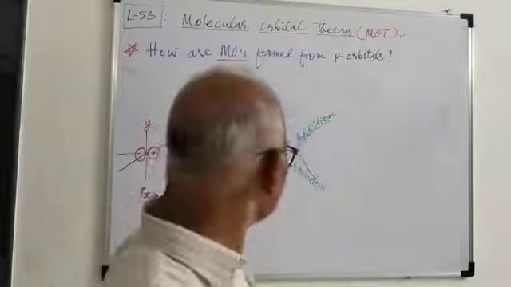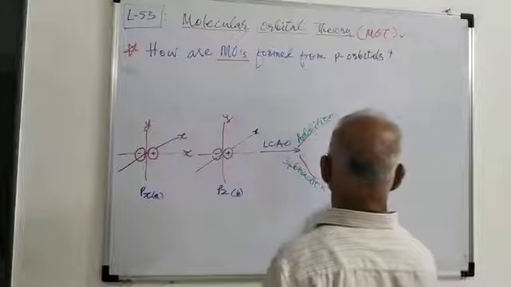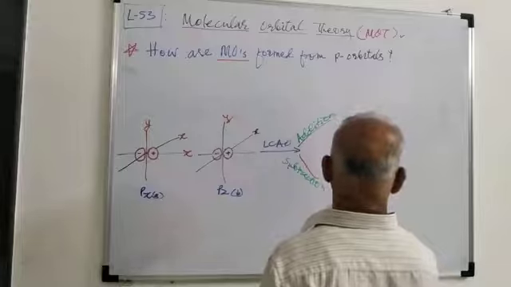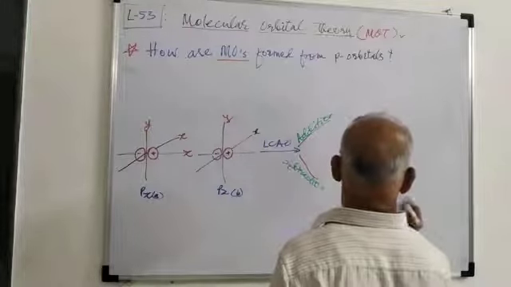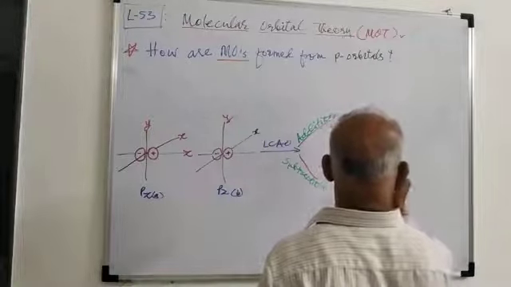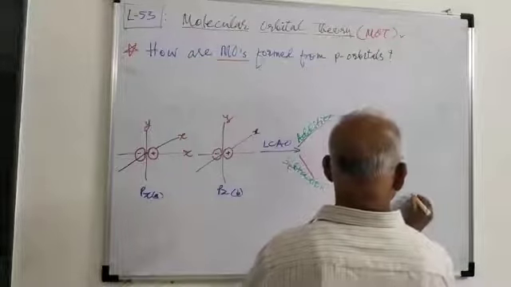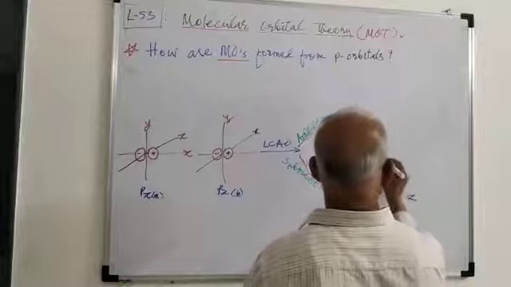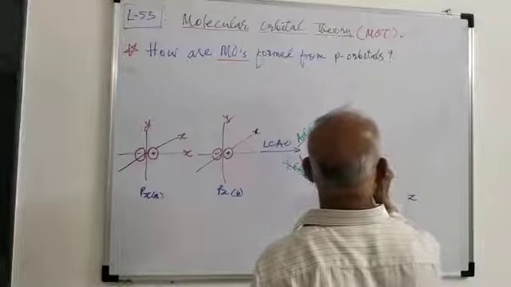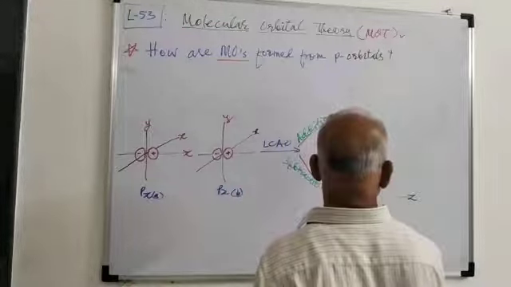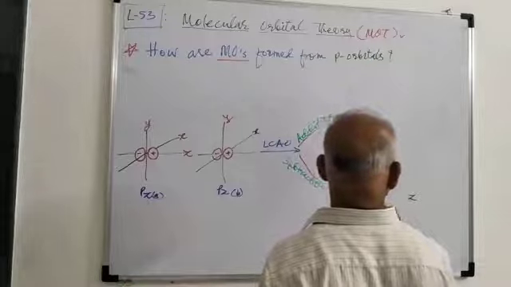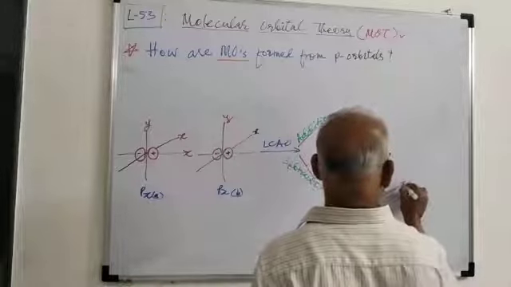As a result of this, the process will give us like this. So this is our z axis, this is the y axis, and these are the x axis.